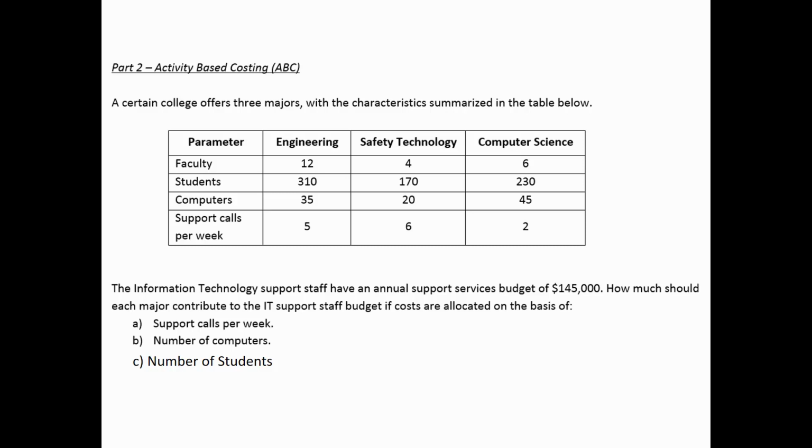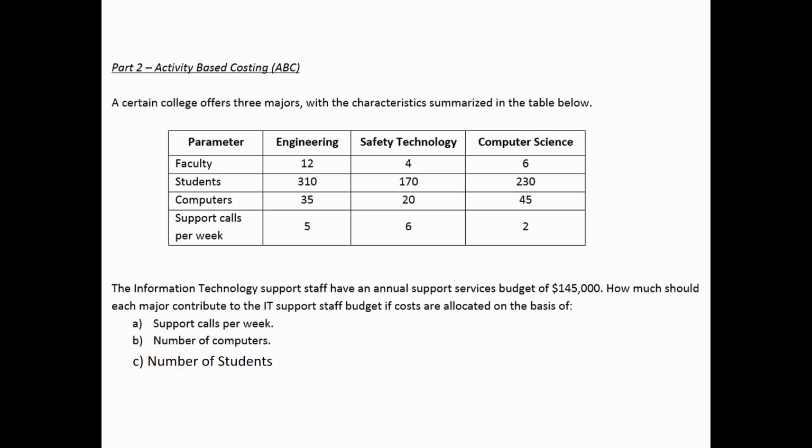And so we know how many faculty are in each of those divisions. We know how many students they have. You can see that we know the computers and the number of support calls per week that go to the IT support staff. On the paper that I've given you, it only has a part A and B, but will you please write a part C that we also want to figure out on the basis of the number of students.